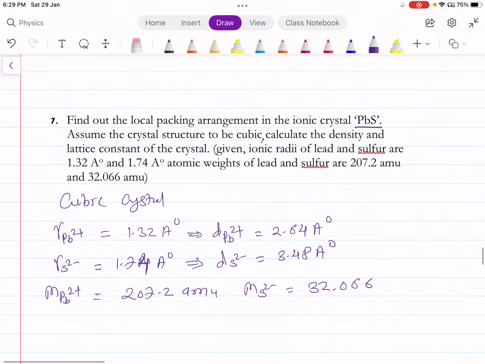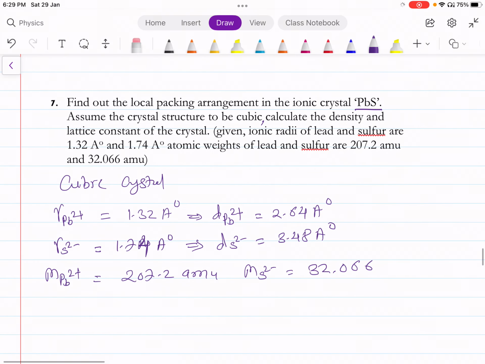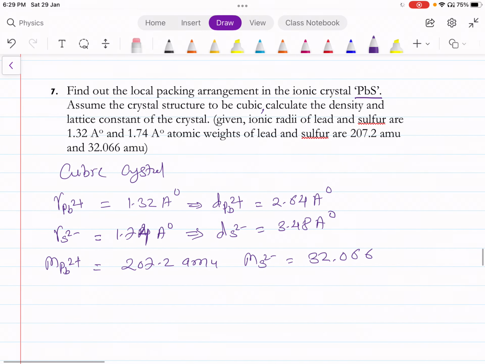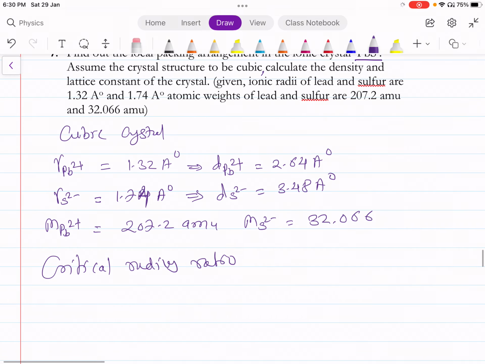So let us find what kind of unit cell it is. To find that, let us find the critical radius ratio. Critical radius ratio is nothing but Rc by Ra. And Rc, the cation, is 1.32 angstrom and the anion is 1.74 angstrom, and that equals 0.7583.